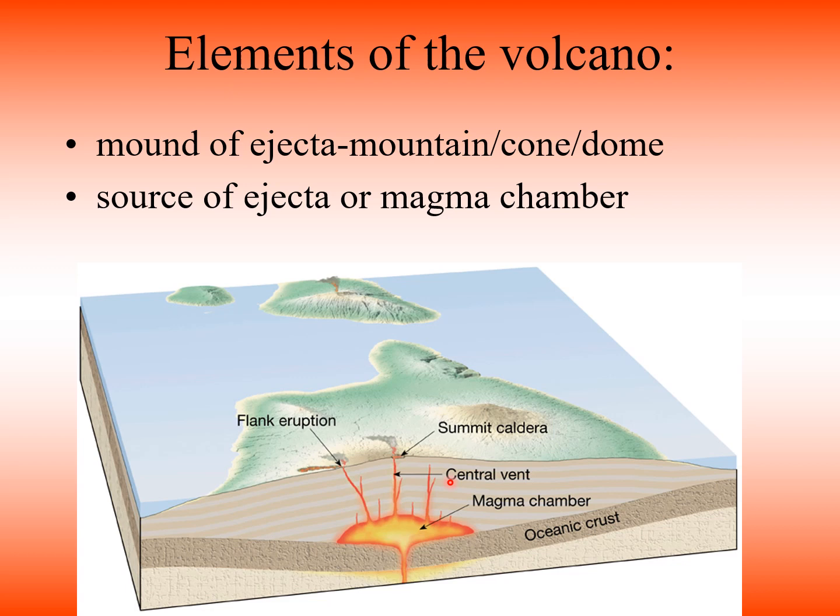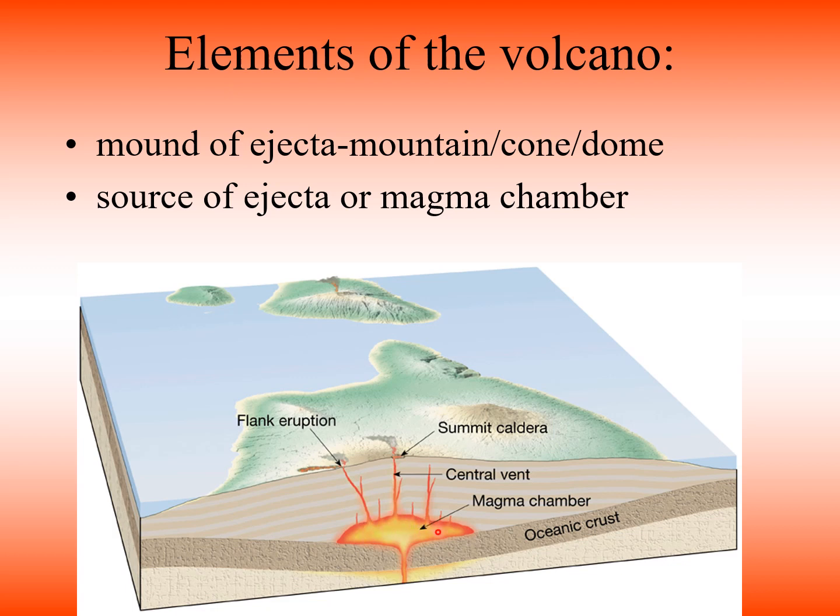Here we have a cross-section of Hawaii, basically a generic hotspot island. It, in and of itself, is a mound of ejecta, if you look at these layers here. But then intruding into that is the source of the ejecta, or magma chamber.